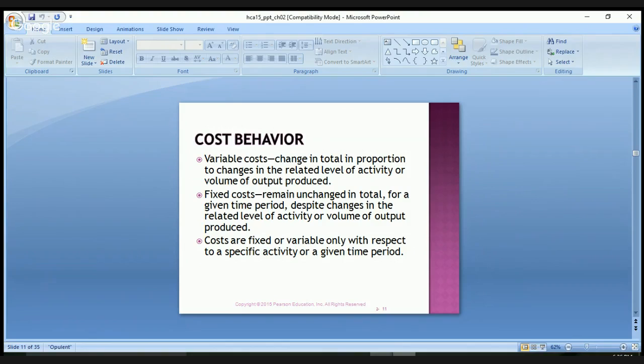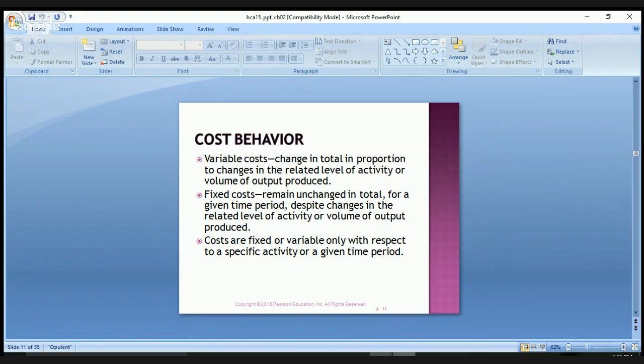So your fixed cost would be your rent on your building. Utilities. Now, some people might argue that could be variable, because you can have a night shift and everything turned on. Exactly.